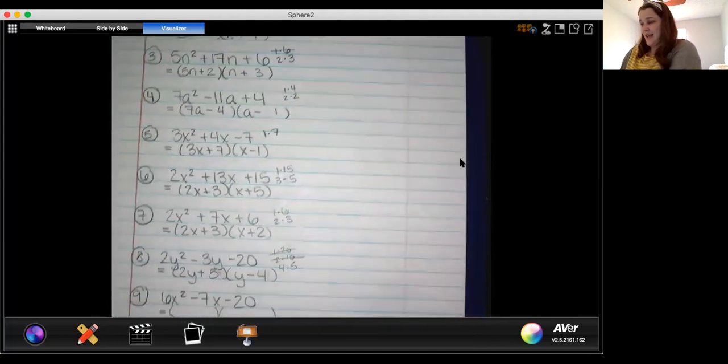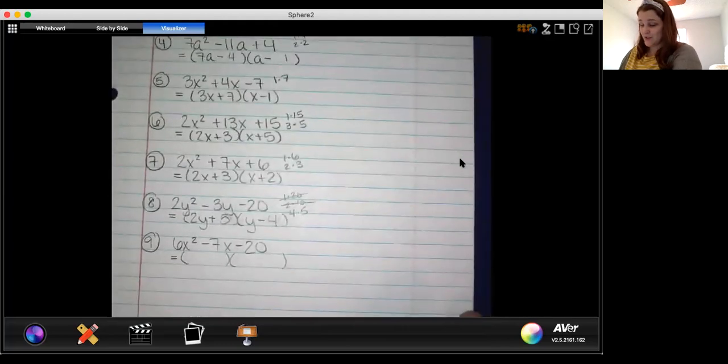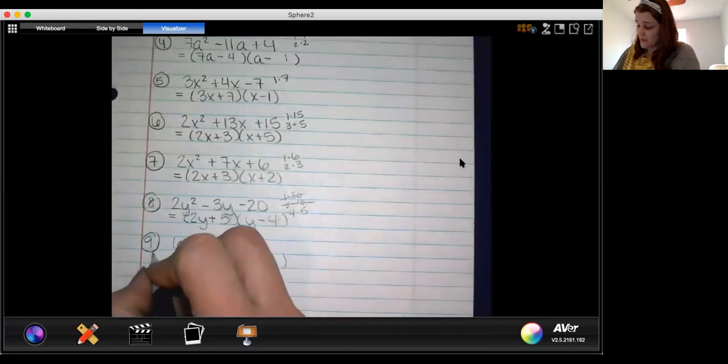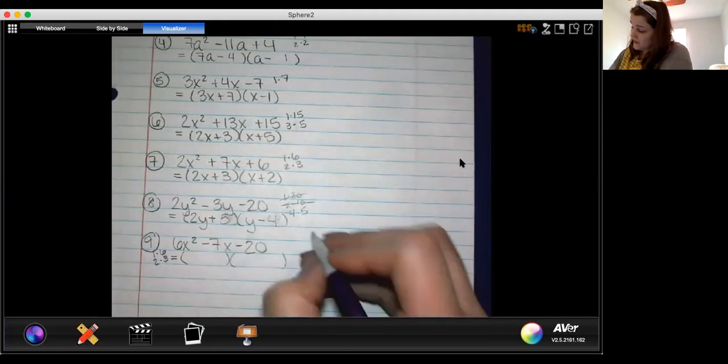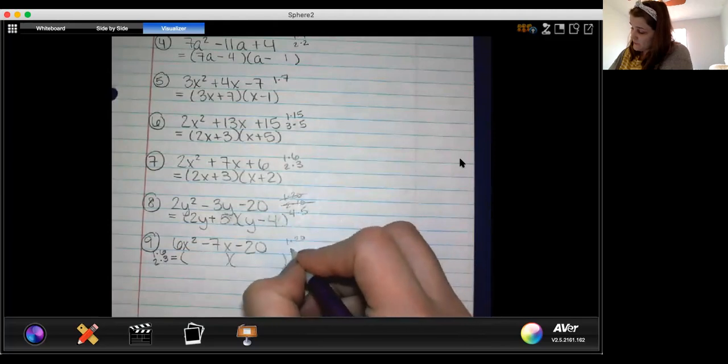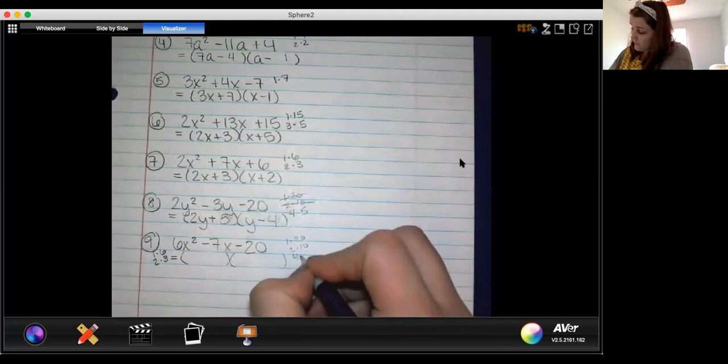Now I have 6, which could be 1 and 6, or it could be 2 and 3. So it's going to add another layer of guess and check method to your process. And then for 20, again, we have 1 and 20, 2 and 10, 4 and 5.